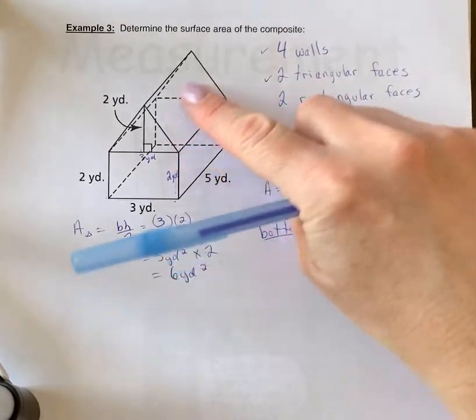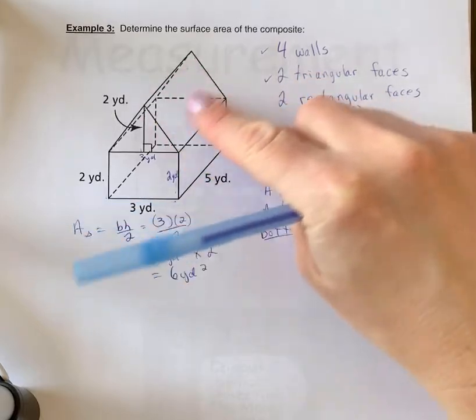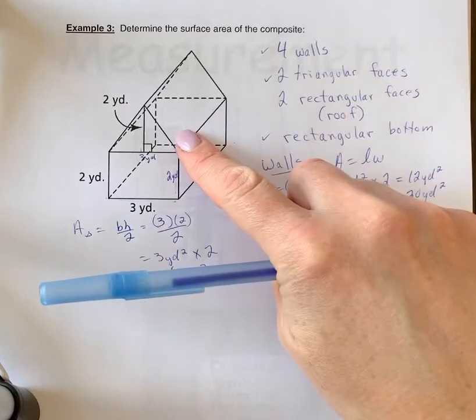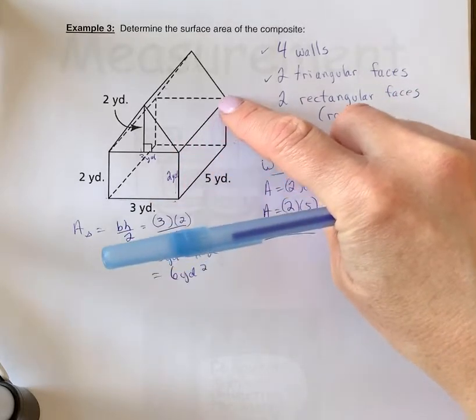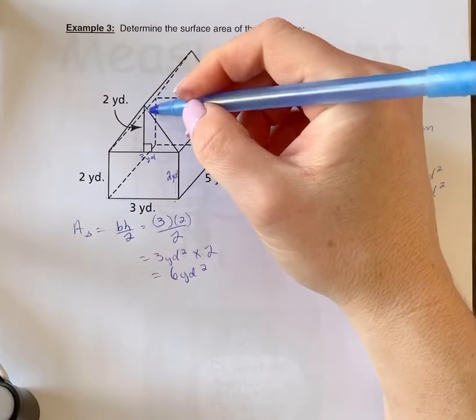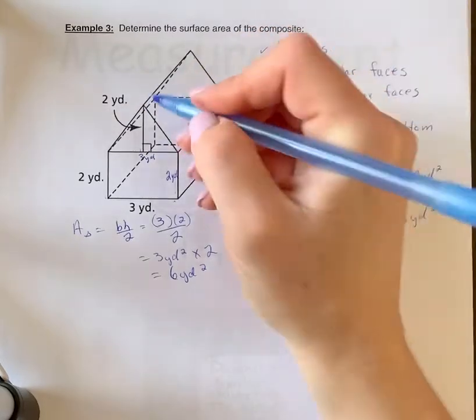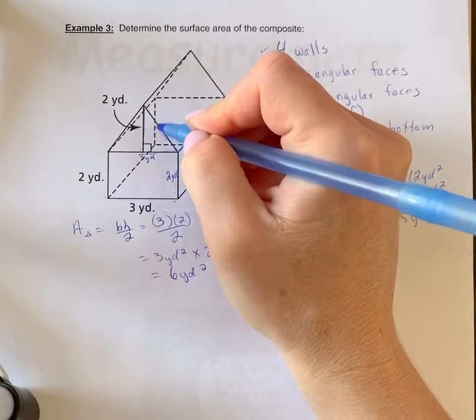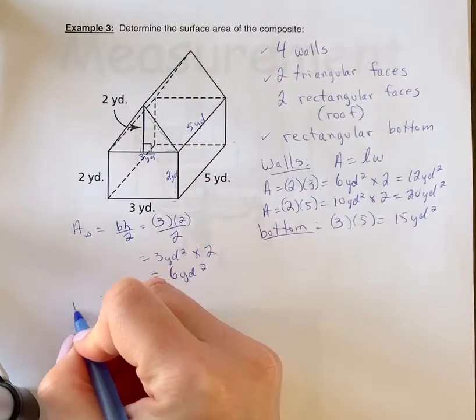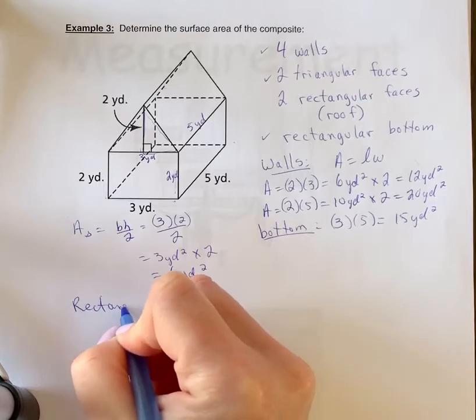Now we need to do this steeper part of the roof, so the 2 rectangular faces here. We know this is 5 yards along here. Now we need to know this distance. We're not given that directly, but we can use this right triangle here to figure that out. So let's make a note of what we're looking at.